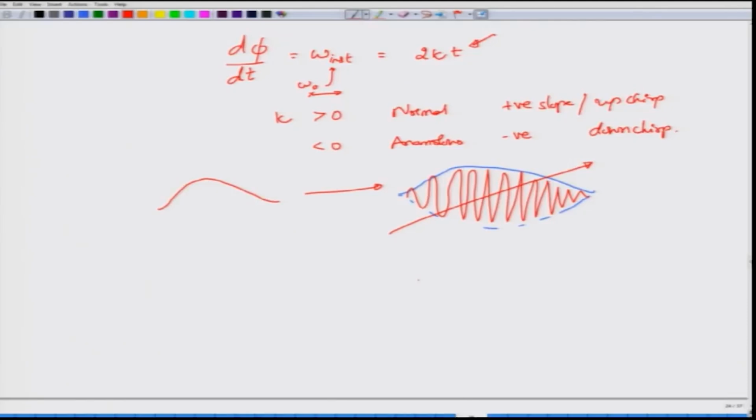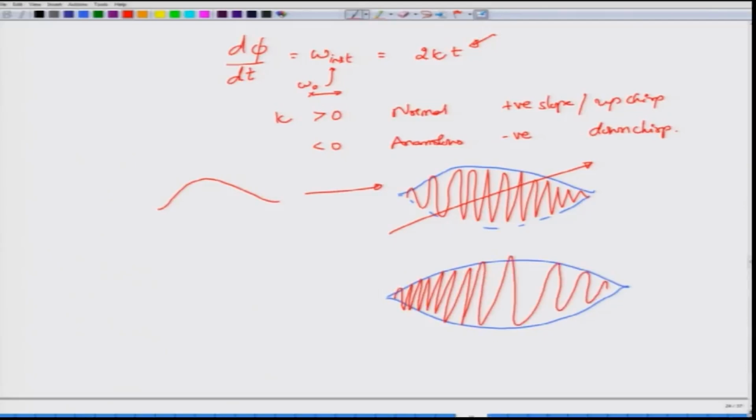The same situation for the anomalous dispersion regime would be that you actually have a pulse frequency which is very rapid initially, and then kind of slows down. Okay. So, this chirp is the down chirp.